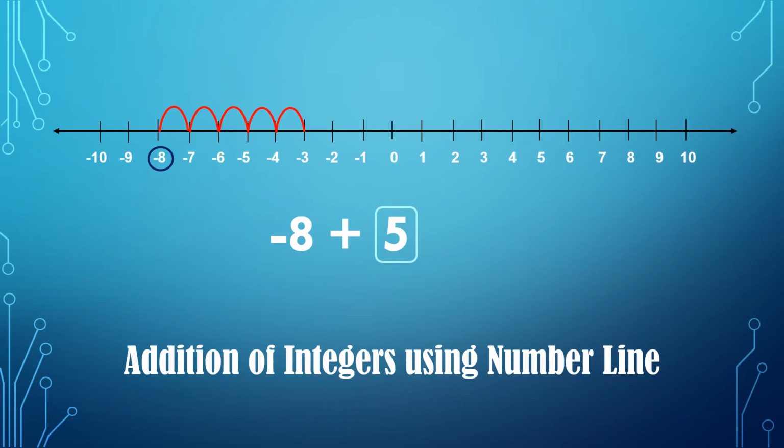It stops at negative 3. Hence, negative 8 plus positive 5 equals negative 3.